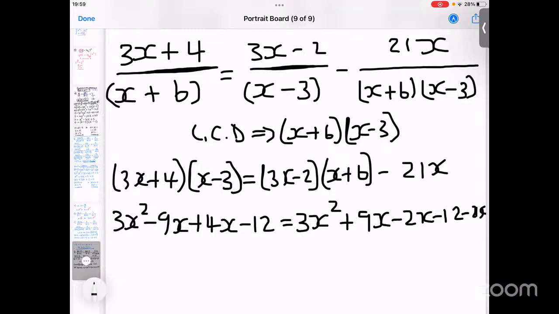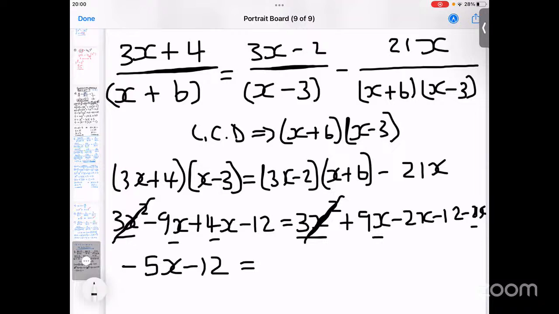Okay, this one will cancel with that one, because when you take it to the other side, it changes. It will definitely cancel. And then here you've got that and that. What do they give you? I think they give you negative 5x. You have minus 12 on this side. And then on this other side, you've got 9x minus 21x.